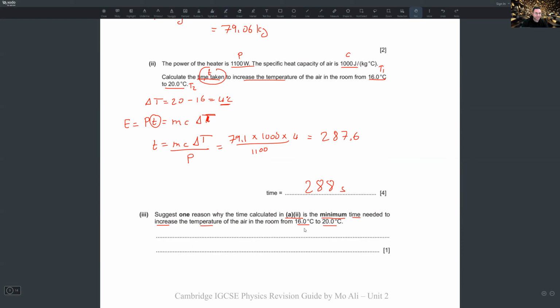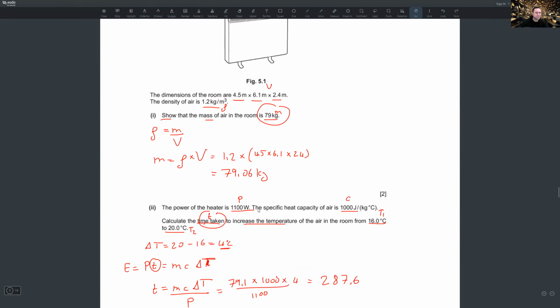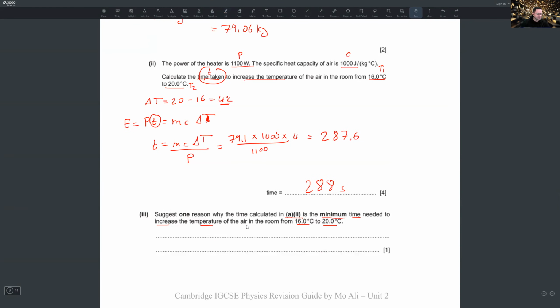One of the most common answers we use when we talk about specific heat capacity, and why the answers are not correct, is that the heat is lost to the surroundings. But here's the thing. We are trying to heat the surroundings. This is a heater that's trying to heat a room. So why?